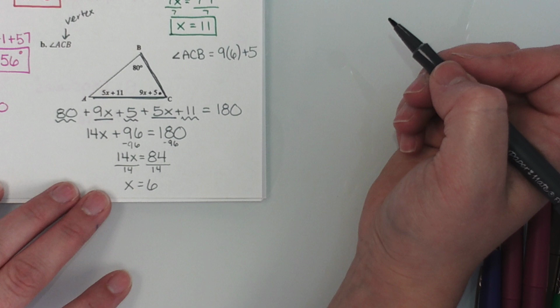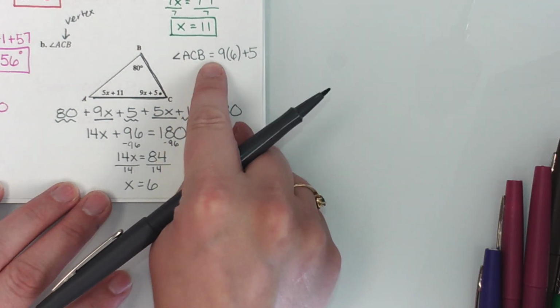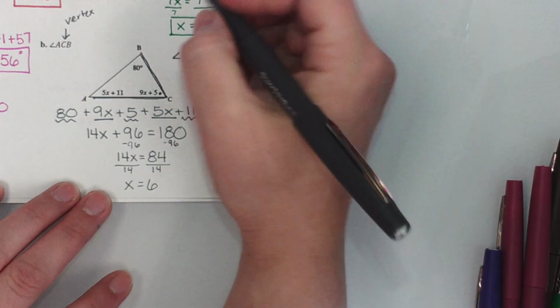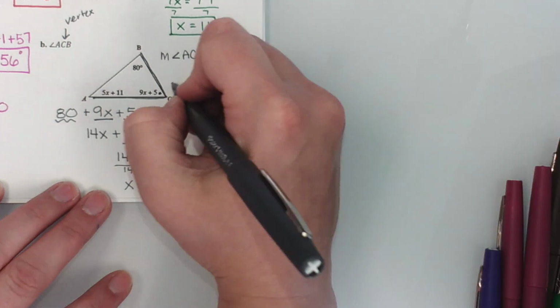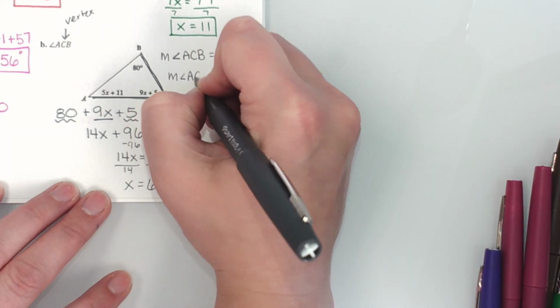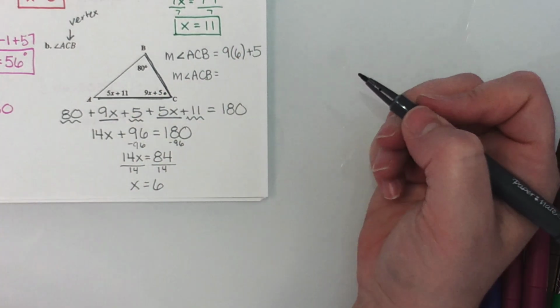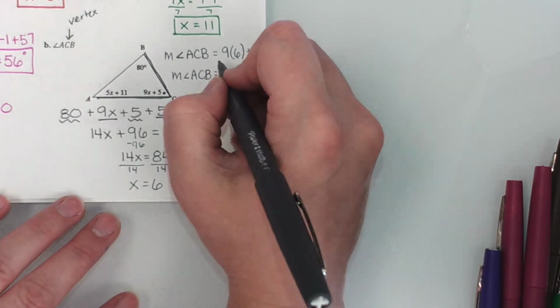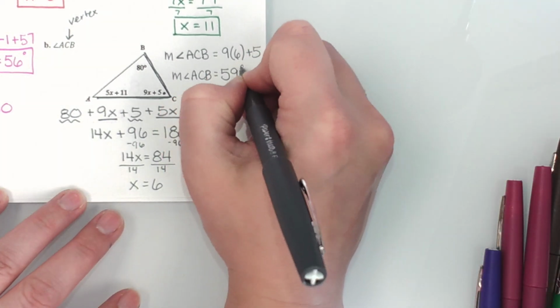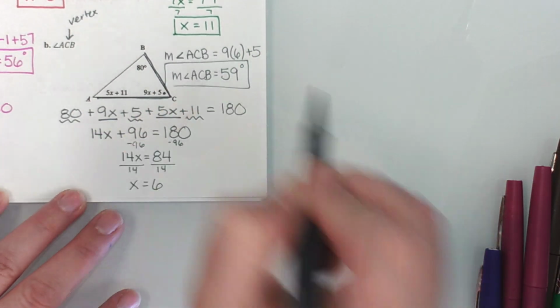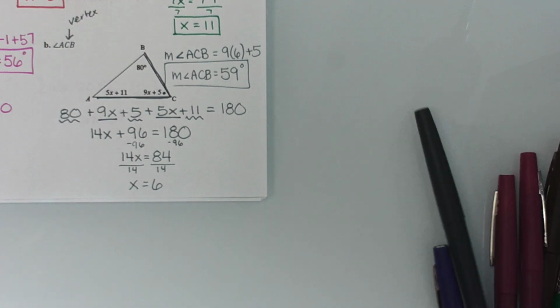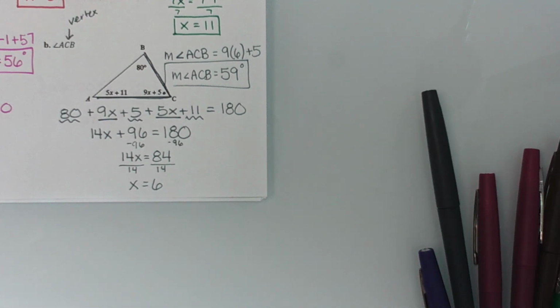If you've got an angle with an equal sign, you're talking about its measure. I need the little m. Measure angle ACB. 9 times 6 is 54, plus 5 is 59. We're done.